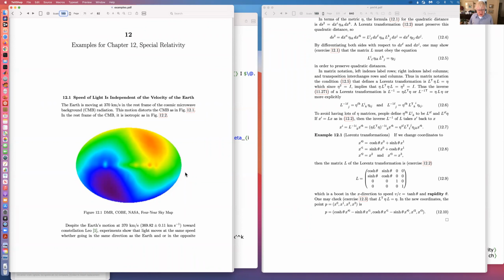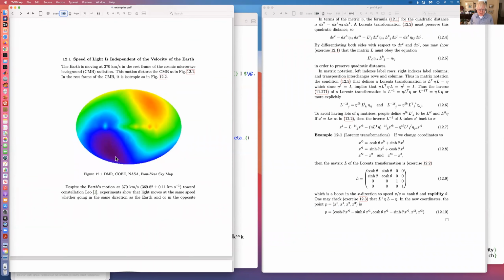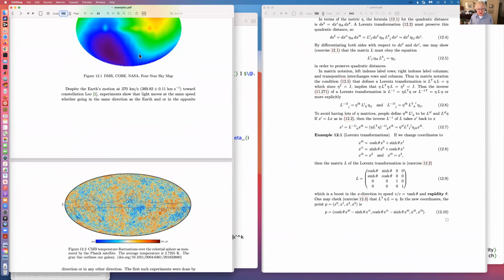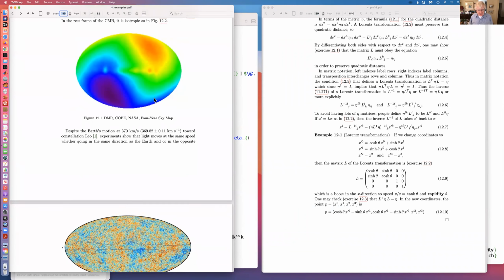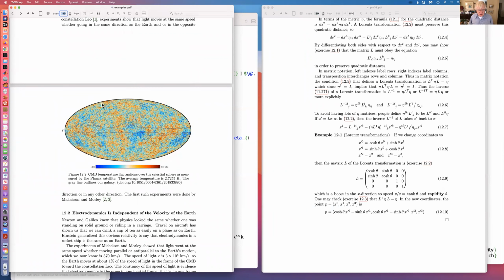So the cosmic microwave background looks like this in the Earth's frame, but when you take out the Doppler shift induced by the velocity of the Earth, then this is the picture of the cosmic microwave background. As you know, the average temperature is around 2.7 degrees Kelvin, and in its rest frame, the CMB is remarkably homogeneous and isotropic.